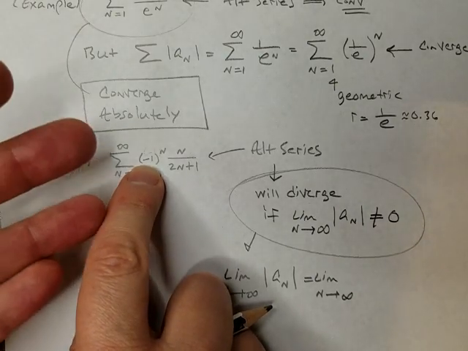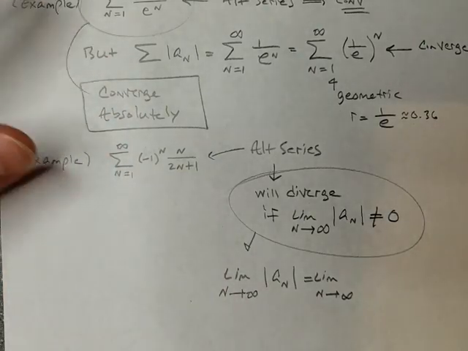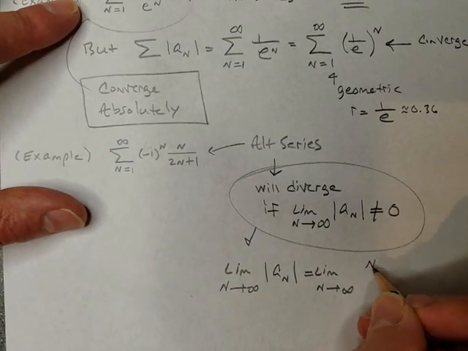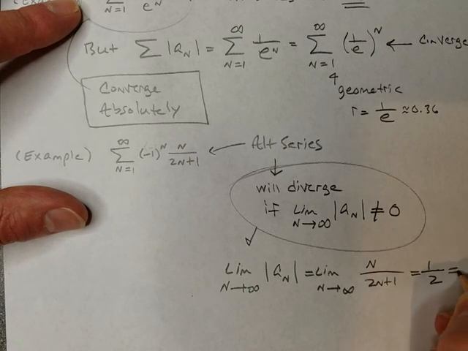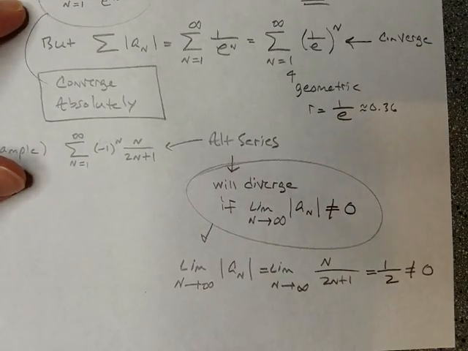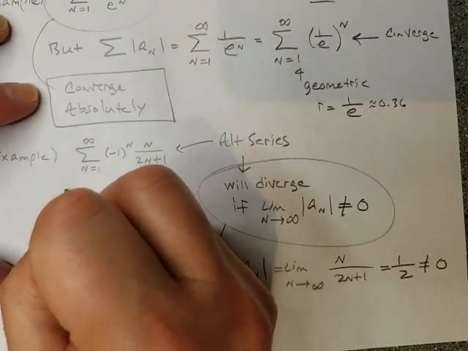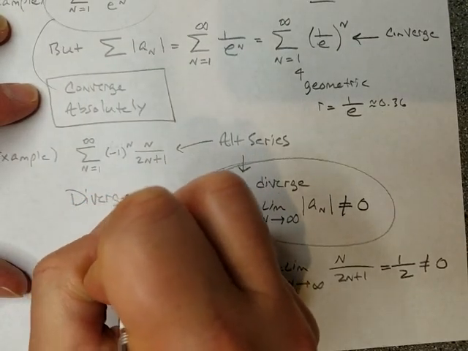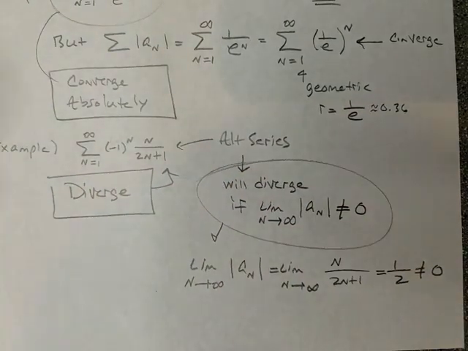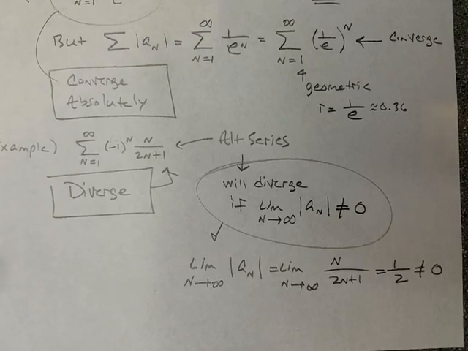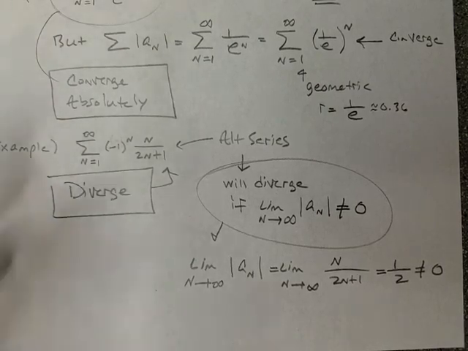That's the thing in the formula that makes it negative sometimes. So we're just going to get n over 2n plus 1, whose limit is 1/2, and 1/2 is not 0, okay? So this series just diverges, okay? It doesn't converge conditionally. It doesn't converge absolutely. It just diverges. All right, so I gave you one example of each case then.